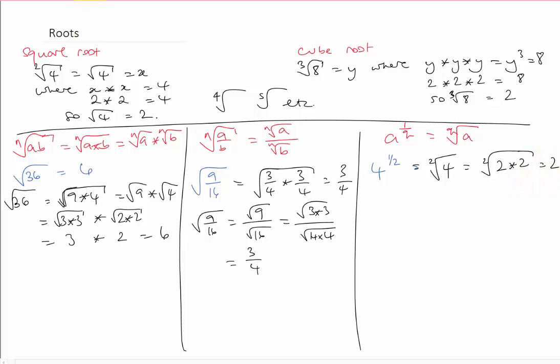And just the same, if you see here we've got 27 to the power 1 over 3, then that's equal to the cube root of 27, which is 3 times 3 times 3, so equal to 3. So here is just a reminder about what square roots and cube roots are, and a couple of rules to remember about them. And this is going to come in useful later on.